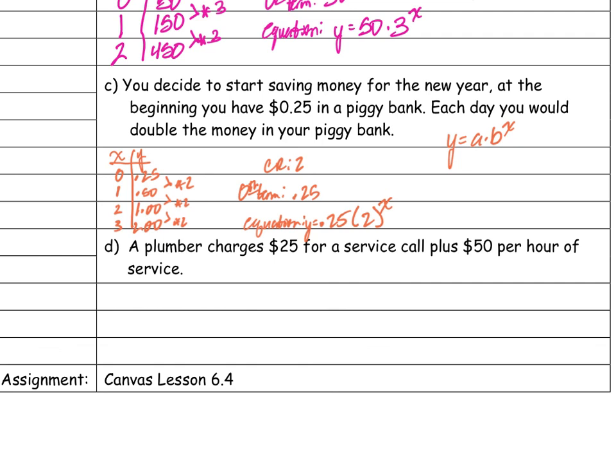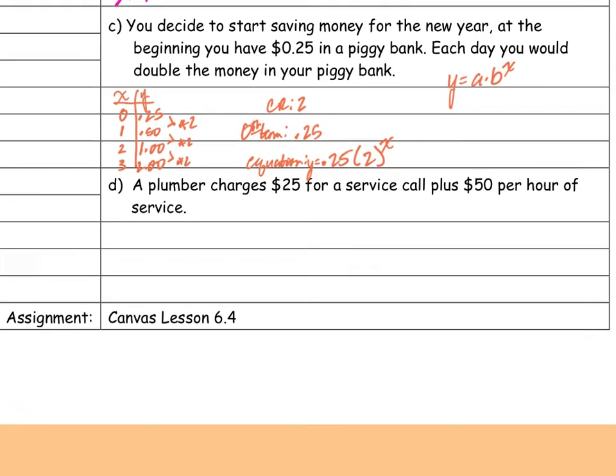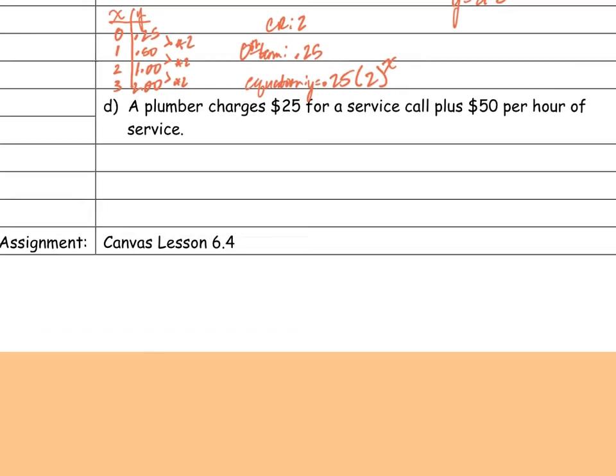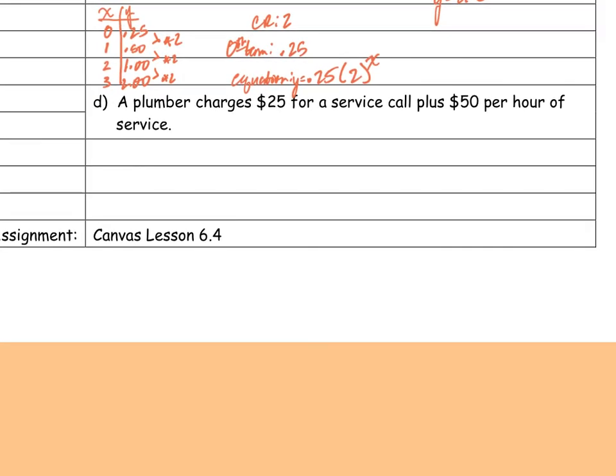So for the last one, for the plumber, pray you don't ever have plumbing problems. It's so expensive. The plumber charges $25 for a service call. That means before he does any work, if he just shows up at your house, hasn't done anything, you owe him $25.